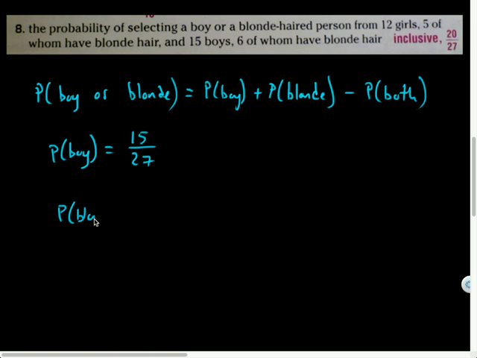Probability of blonde, 5 plus 6, so that's going to be 11 out of the 27. And probability of both, there are 6 boys with blonde hair, 6 out of 27.